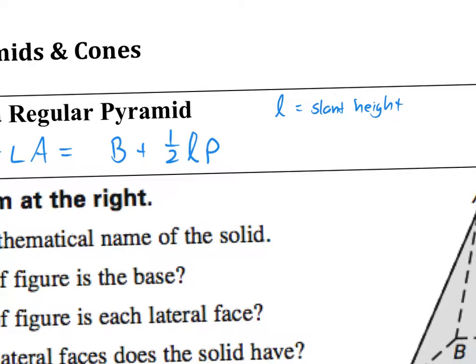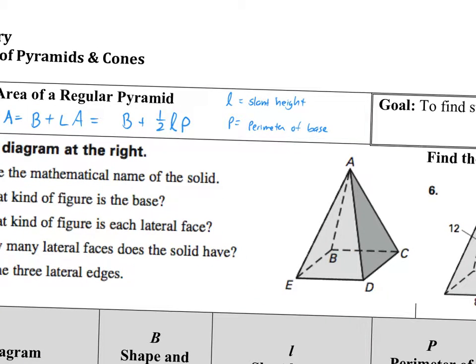We'll unpack that in just a moment. And of course, the P means perimeter of the base. Notice that base does not mean bottom, but most of the time with cones and pyramids, bases will be on the bottom just because that's how they stand up, mostly.